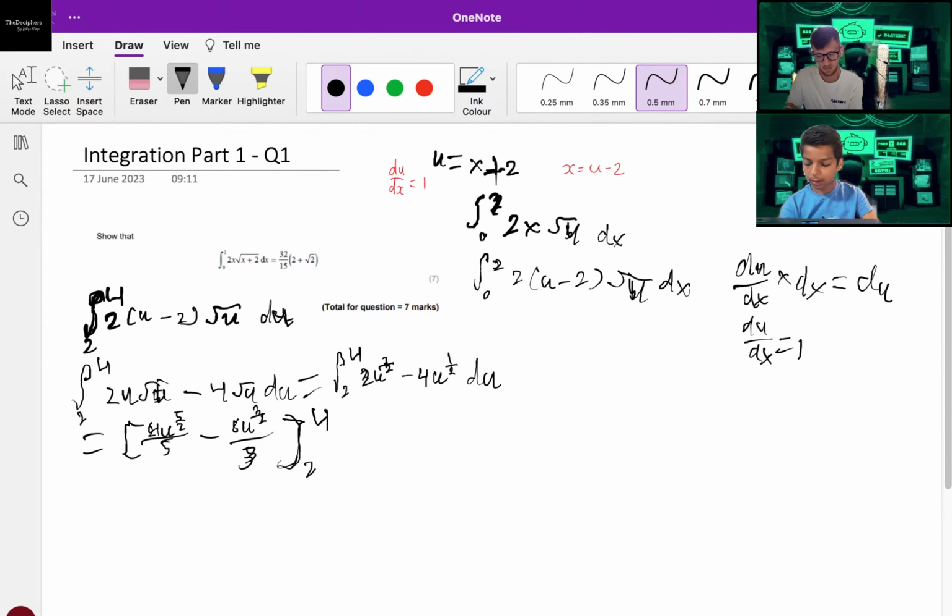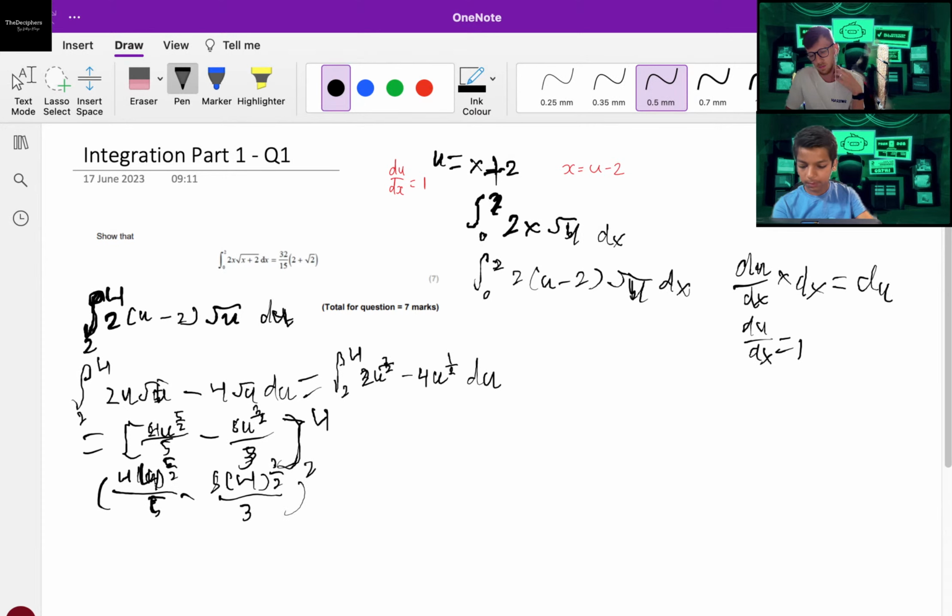So if we evaluate it at 4, we get 4 times 4 to the power of 5 over 2 divided by 5, minus 8 times 4 to the power of 3 over 2 divided by 3.